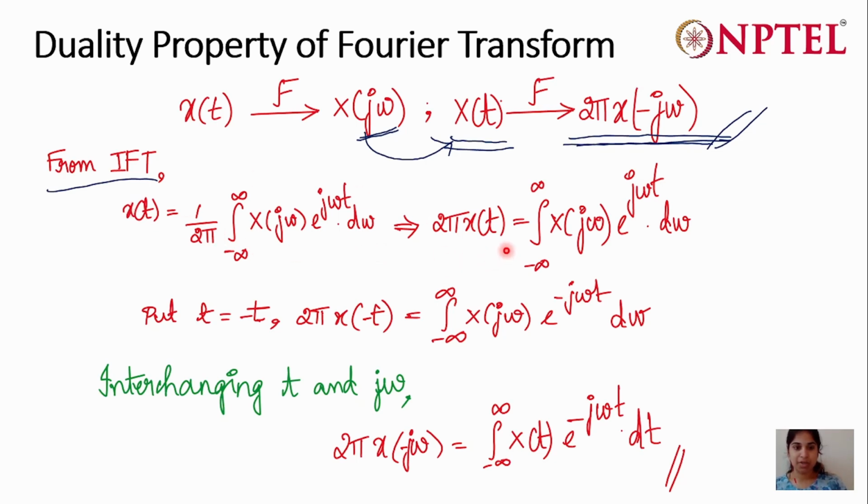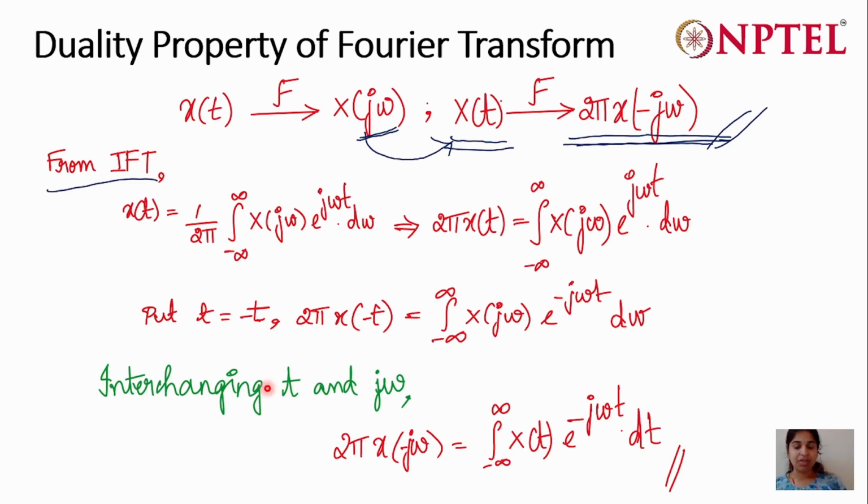So 2 pi into x of t is the integral from minus infinity to infinity x of j omega e power j omega t d omega. Now first, instead of t we are writing minus t. So 2 pi into small x of minus t. Same way here also you have a minus that has come in.